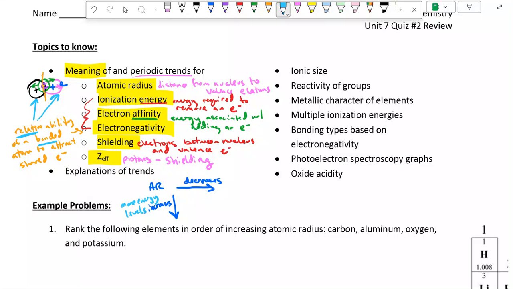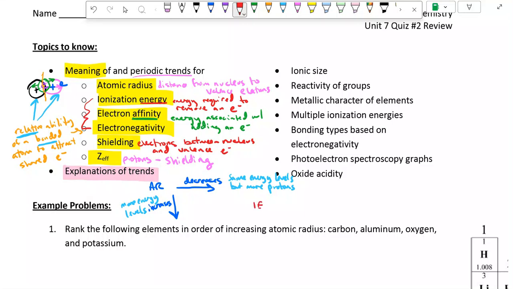Okay, more layers of electrons, and across the periodic table, the reason is you have the same energy levels, but more protons, and so you end up increasing your ZF. Okay, those are the reasons for all of the trends. So you have to know both the trends and the explanations.